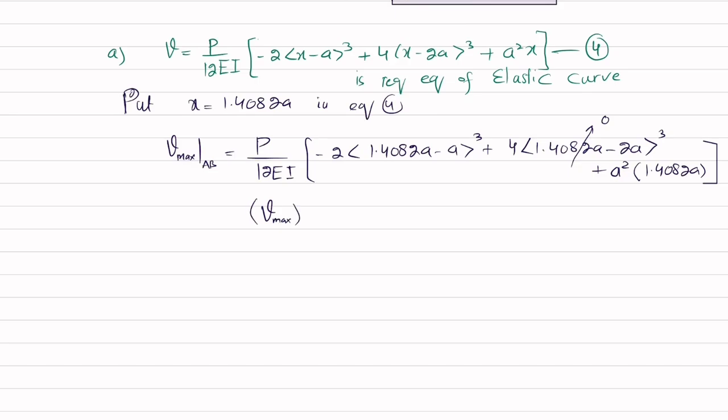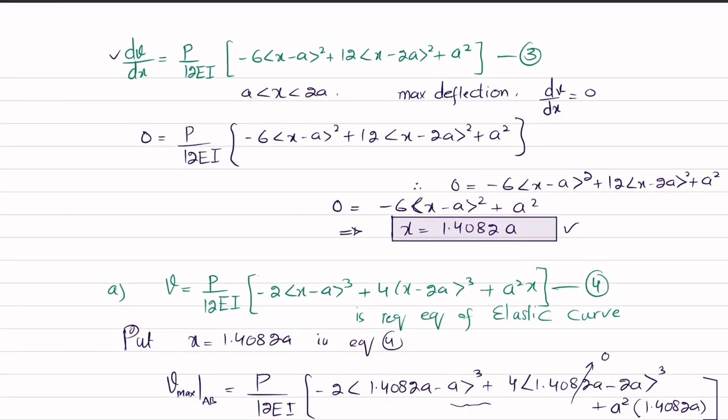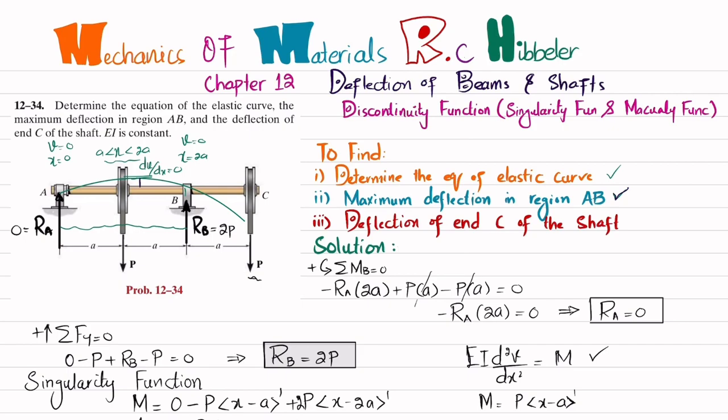After calculation, you can do it by yourself, it comes out to be 0.106 P a cubed over E I. Since this value is positive, it means that the deflection is upward. And that is the answer of our part. So this is the maximum deflection in region AB, where x is equal to 1.408a.